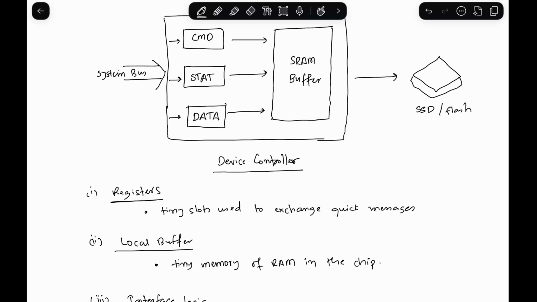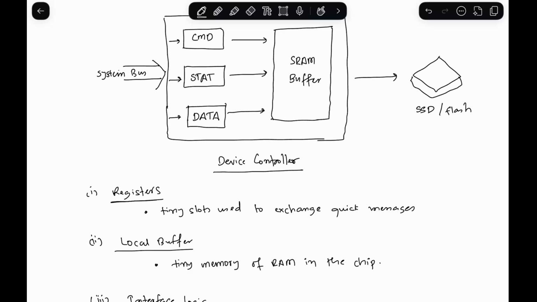So this translator chip acts like a traffic cop. What it does is rearrange all the 8-lane highway data into a single lane so that the data fits through the cable.